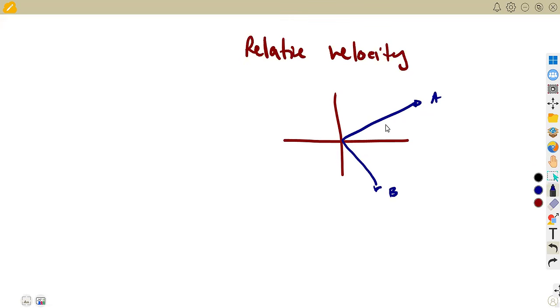You're asked to find the relative velocity of A with respect to B.